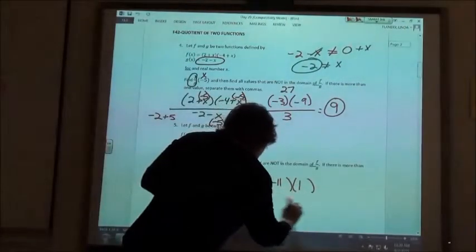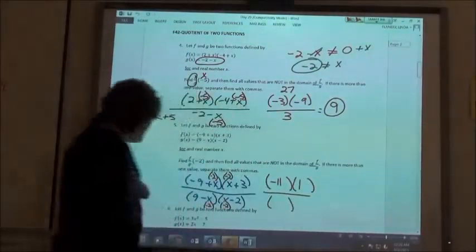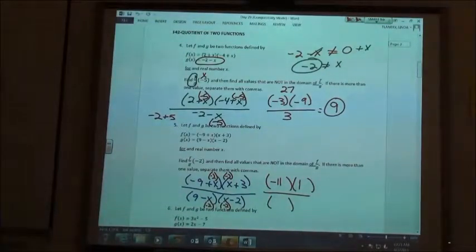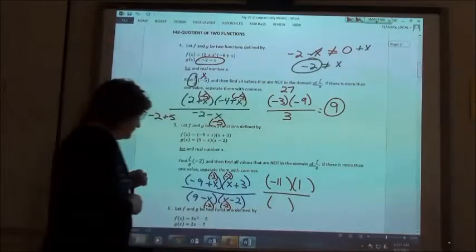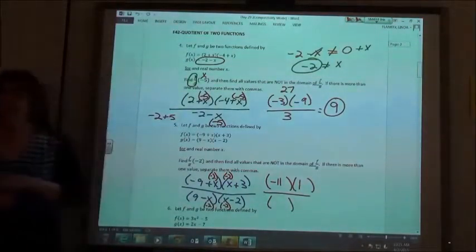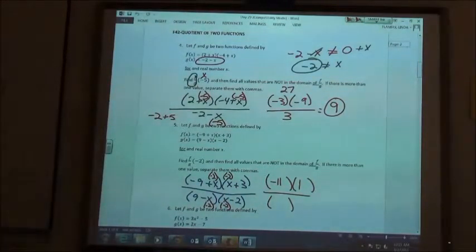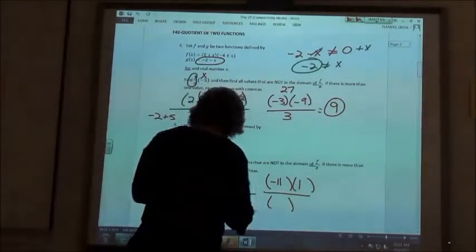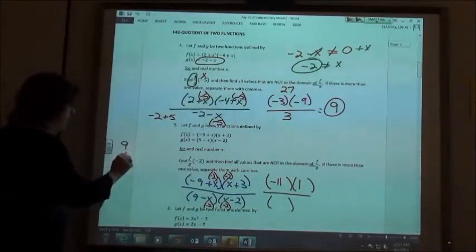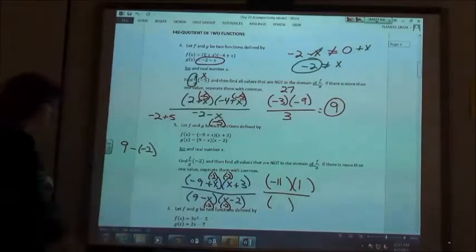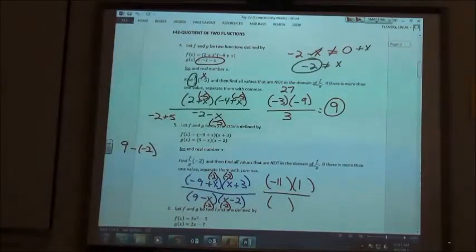On the bottom, first set of parentheses, 9 minus a negative 2. 9 minus negative 2 is 11.